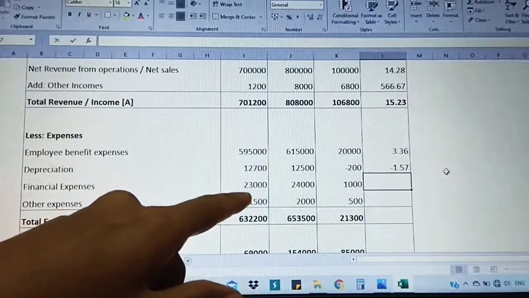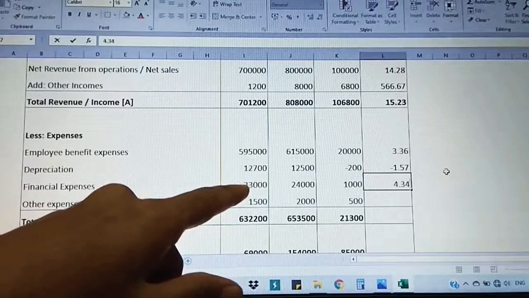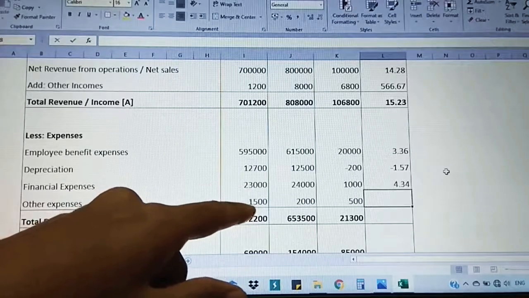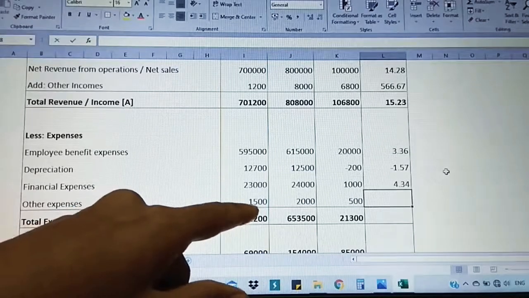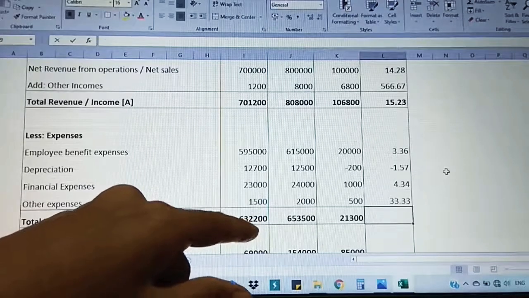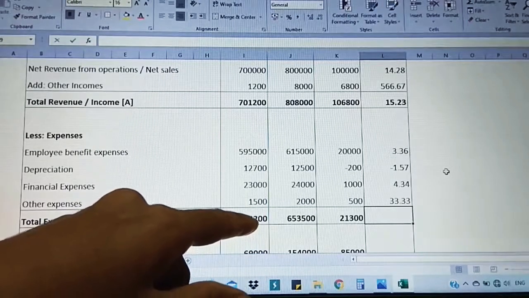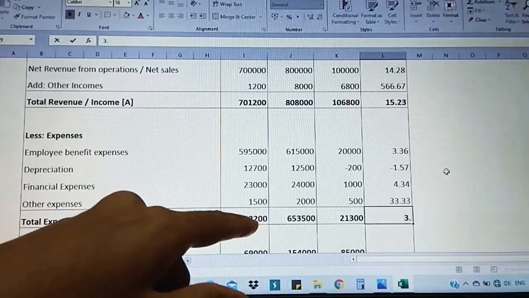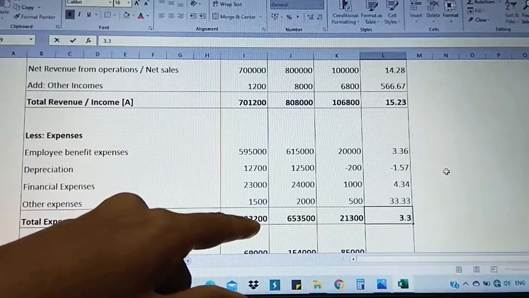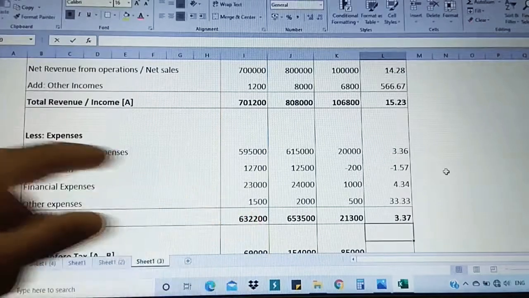Next, 1,000 divided by 23,000, percentage 4.34. Next, 500 divided by 1,500, percentage 33.33. Next, 21,300 divided by 6,32,200, percentage 3.37. 6 I am going to round off to 7.